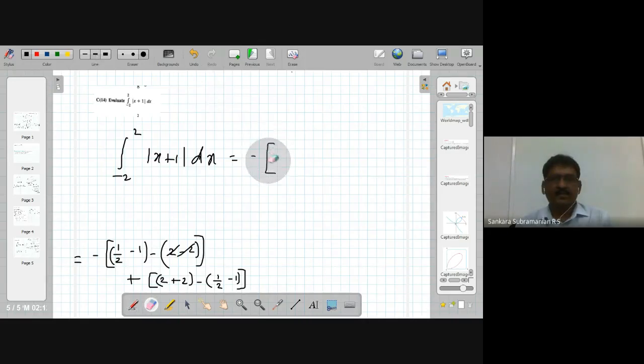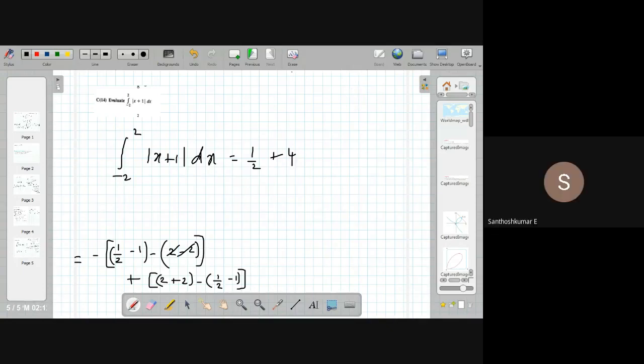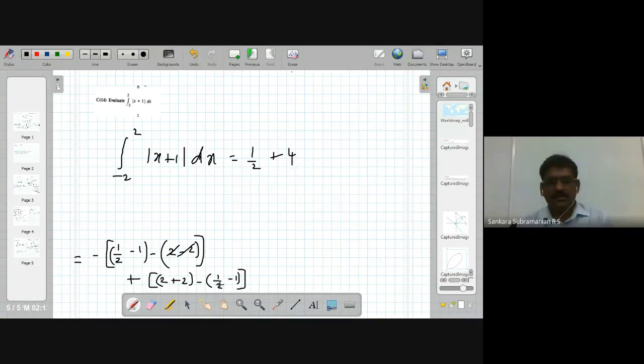So therefore this is plus 1 by 2. And this is 2 plus 2, 4. So you do minus 1 by 2 into minus, plus 1 by 2. Minus of answer is plus 1 by 2. So this is 4 plus half, you get the answer is 5.